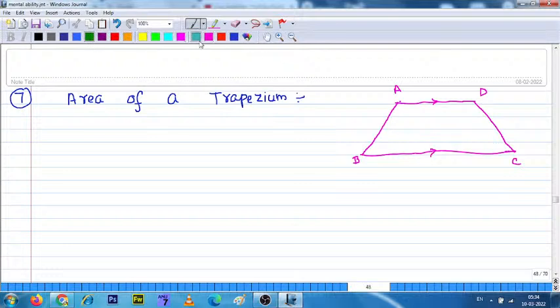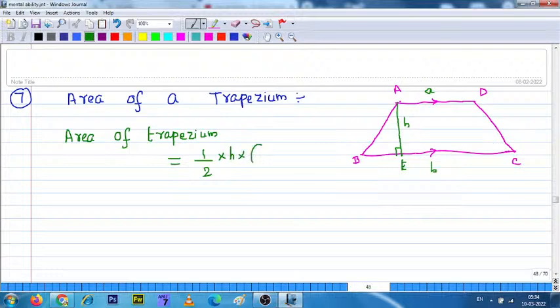For example, say this length is A, this length is B. The distance between the parallel sides, suppose AE is equal to H. Then the area of a trapezium is equal to half times height times the sum of the lengths of the parallel sides, that is half H times (A plus B).